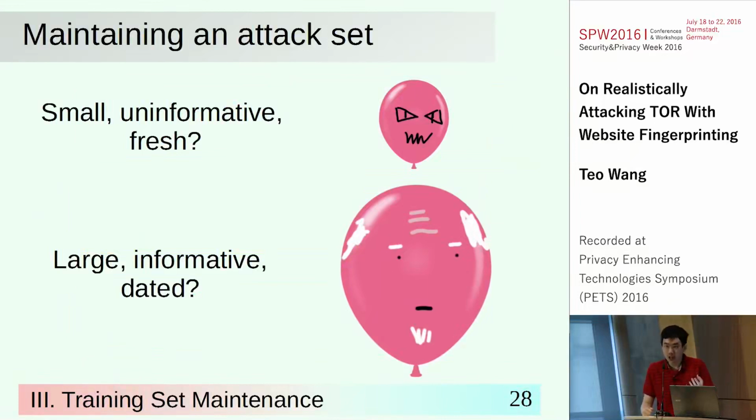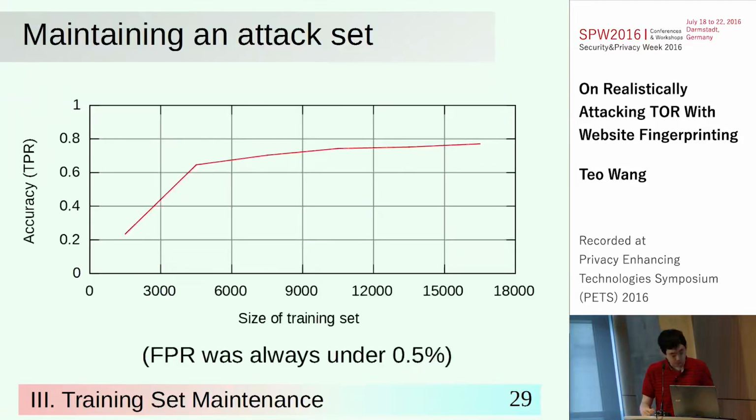We can either use a small, uninformative, but fresh training set, or a large, informative, but dated training set. Either one of those may have higher accuracy, but of course we want to find a sweet spot which has the best of both worlds. And if we don't manage to find a sweet spot, our accuracy degrades significantly.